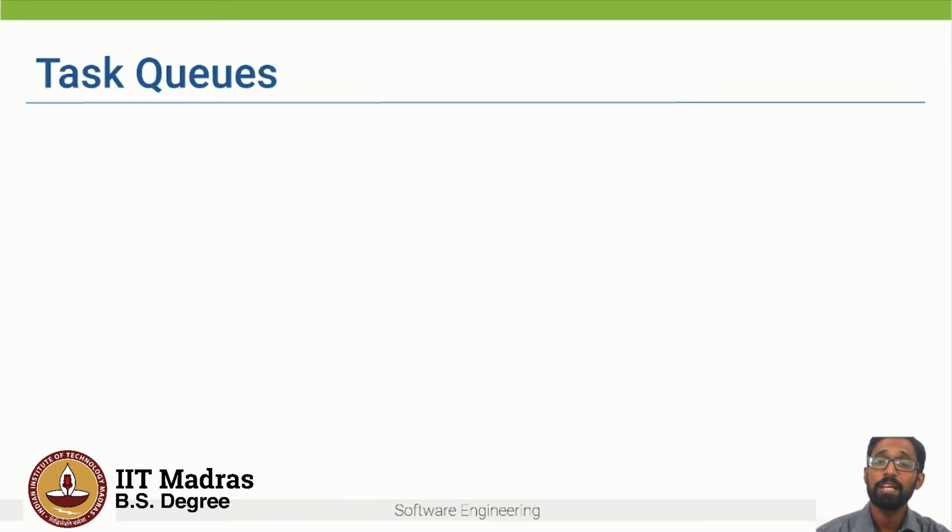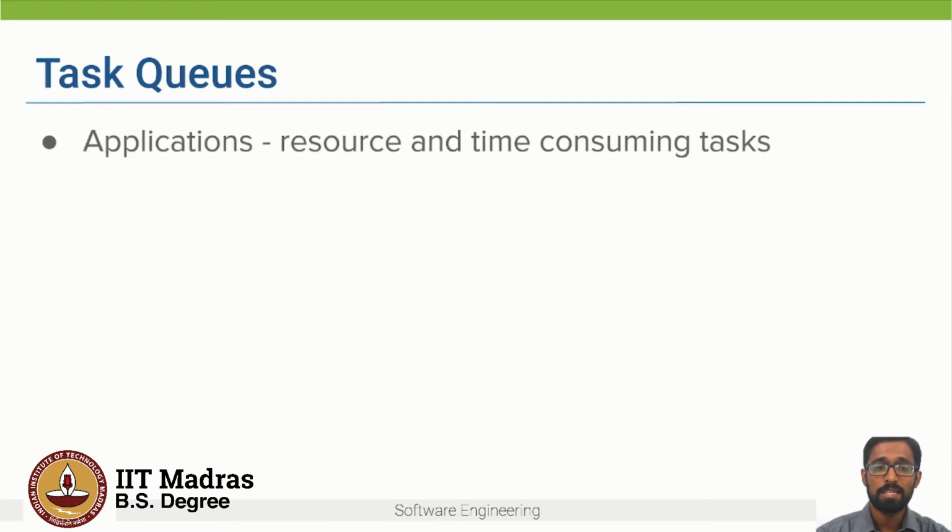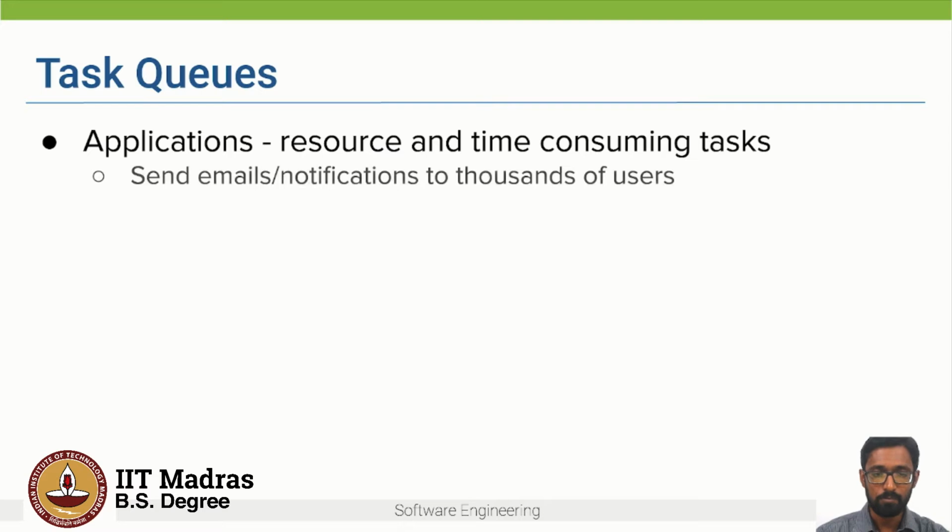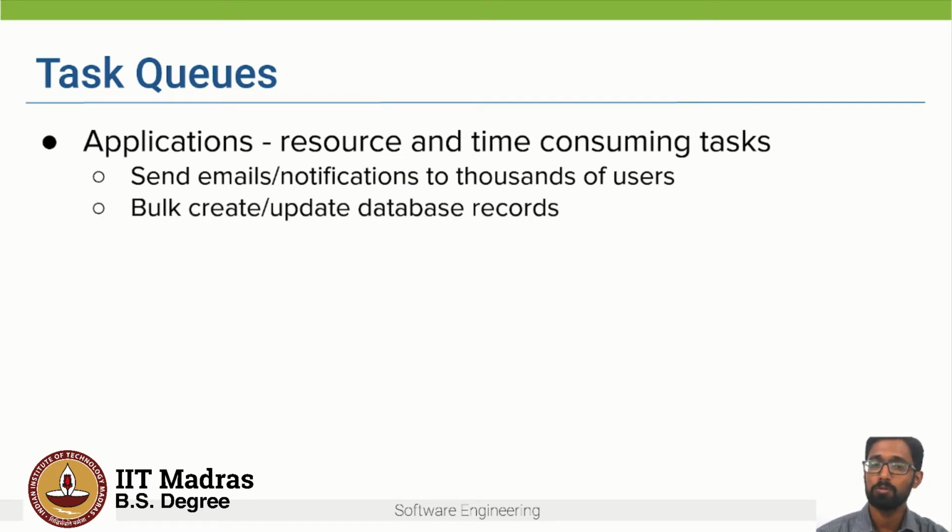Now, another way is to use task queues. Let's say as our application or website grows, there are a lot of resource and time consuming tasks which happen. For example, you want to send an email or a notification to thousands of users, or you want to create or update database records.